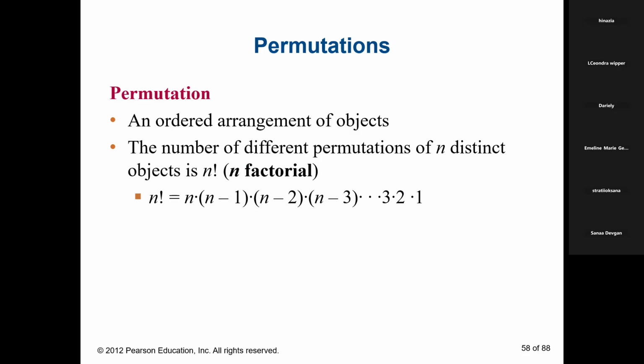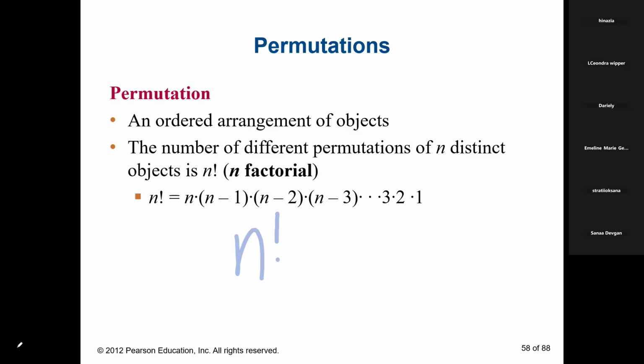This symbol, when you see this, is read n factorial. It's just a number. So n factorial is equal to n times n minus 1, times n minus 2, times n minus 3, and so on.